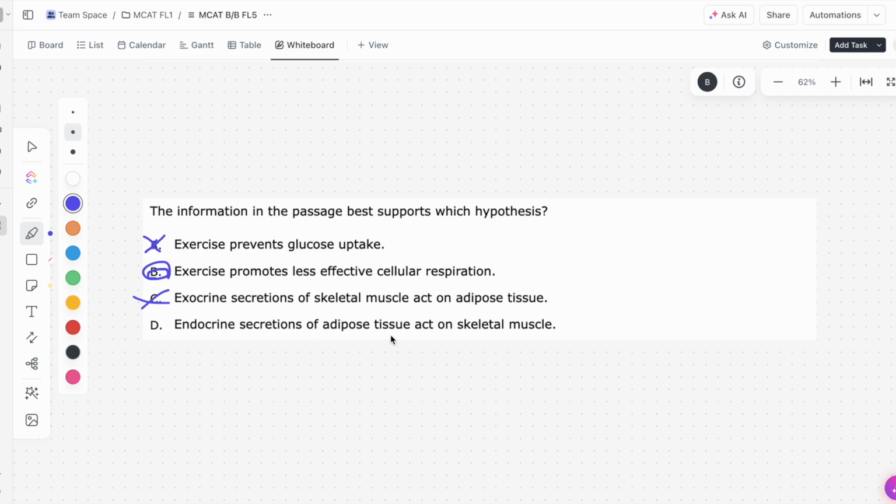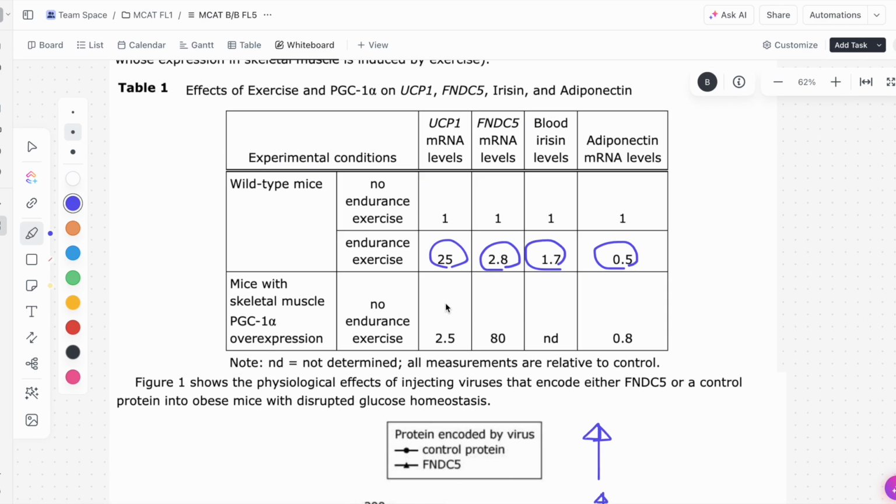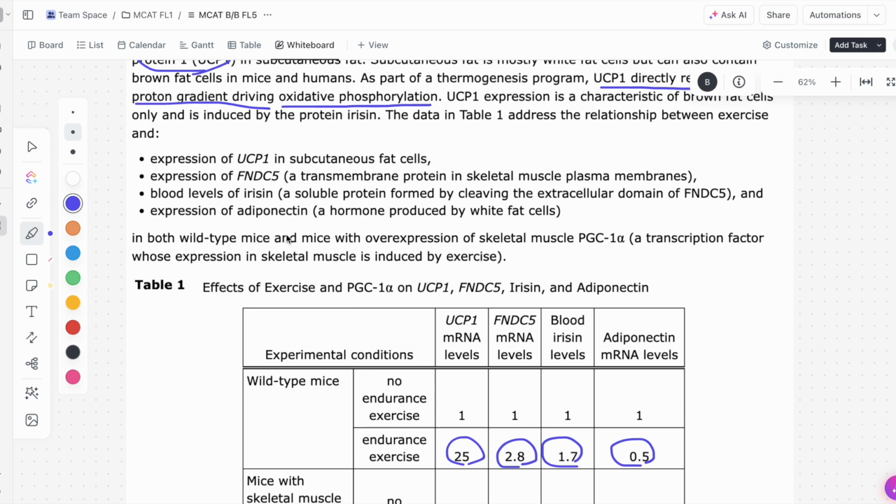And D, endocrine secretions of adipose tissue act on skeletal muscle. Unfortunately, the only endocrine that we know here is this irisin. And the irisin is actually going to be made by the skeletal muscles. Remember, it's the cleaving of the extracellular domain of FNDC5.